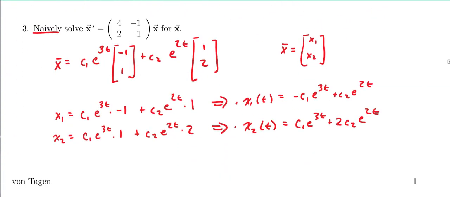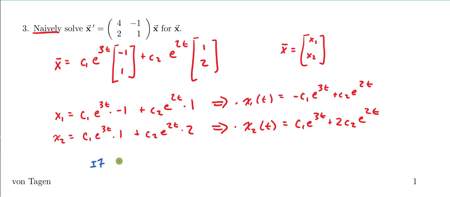So what I want to point out then is that in general, if you have for an n by n system n distinct eigenvalues, then we'll always be able to represent our solutions this way.